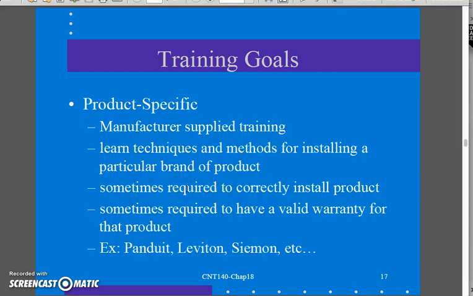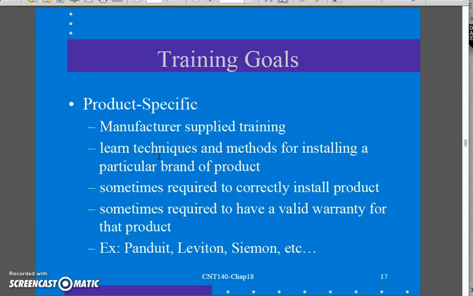Meanwhile, product specific is just that, manufacturer supplied training. Somebody like a Panduit, somebody like a Leviton, somebody like a Siemens, training you on how to deal with their products. I learn specific techniques and methods for installing their brands of products. Sometimes I'm actually required to do that to properly install their product.